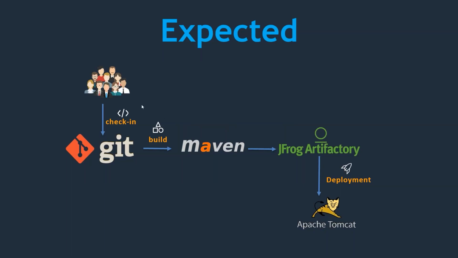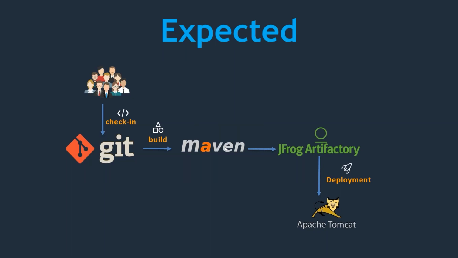And also all this process should be automated. So who can do all these activities? Whenever code is there, we need to tell Maven to build it. I don't want to go and execute Maven build or Maven package. Somebody has to tell Maven to do this, and Maven should automatically do it. Once Maven builds the artifact, I want to push it into JFrog.